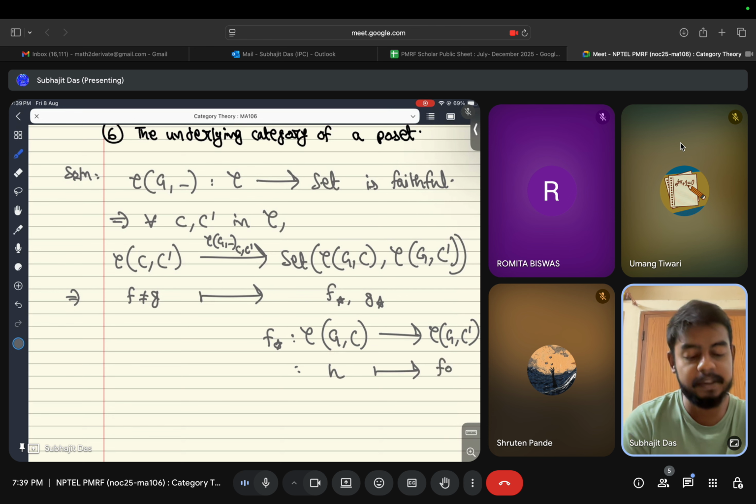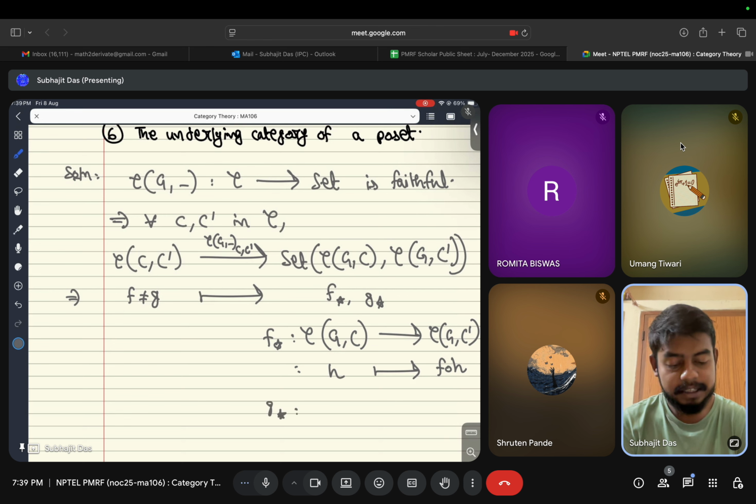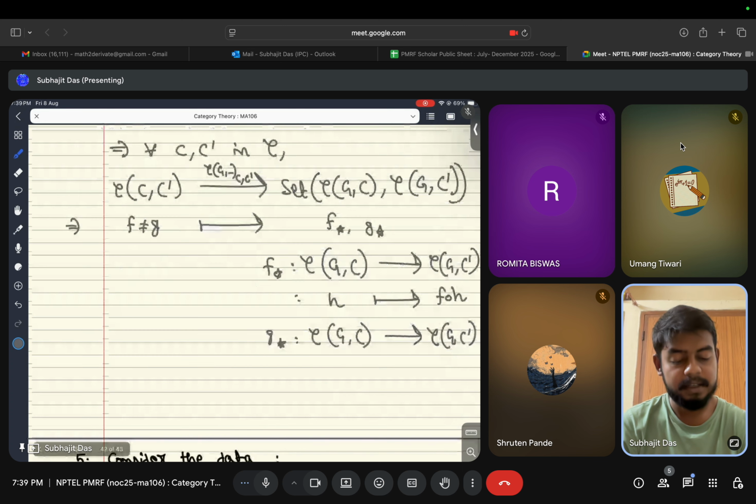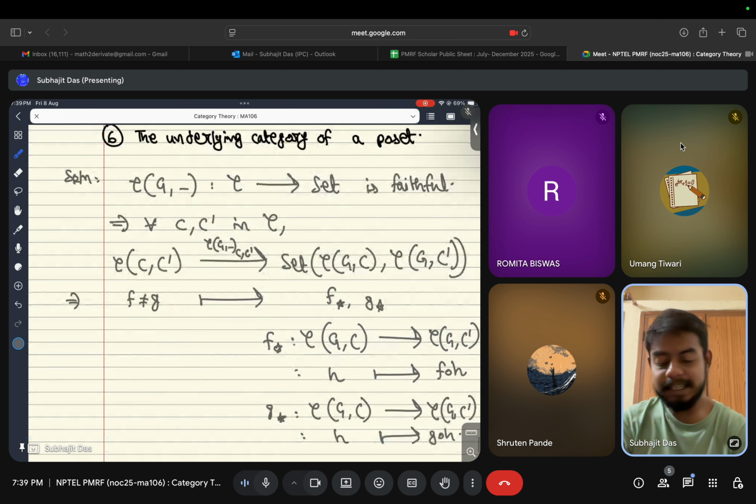So F composed with H. This is what the map F star does. And what does G star do? G star is again from C(G, C) into C(G, C prime), sends every H to G composed with H, right?